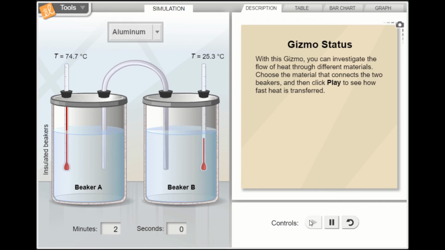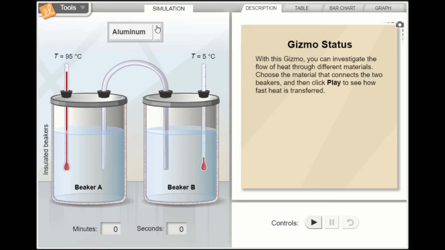Look, heat energy is moving from beaker A to beaker B. Beaker A, containing more heat energy, lost some of its heat energy, and beaker B now has more heat energy. So heat energy moved from beaker A to beaker B easily, which means that aluminum is a good conductor of heat.